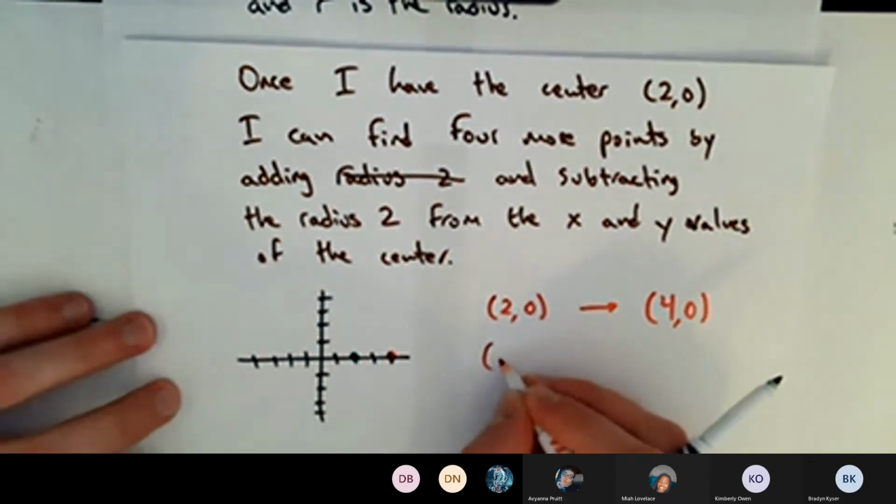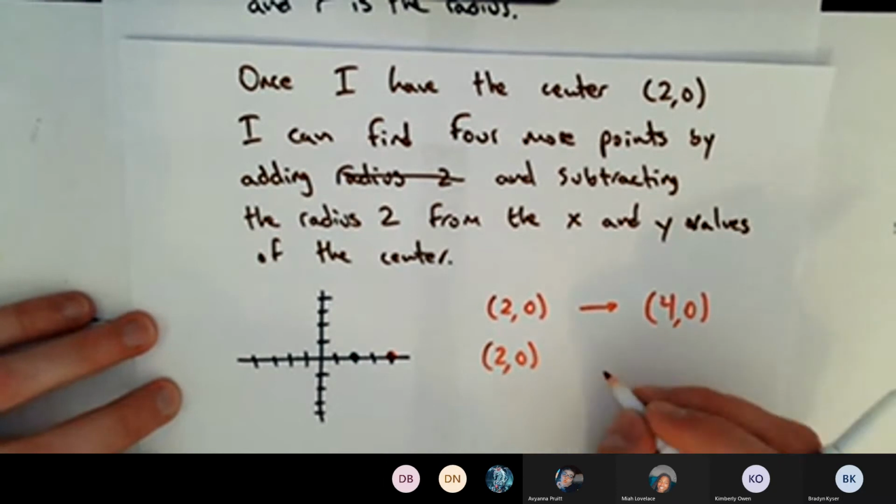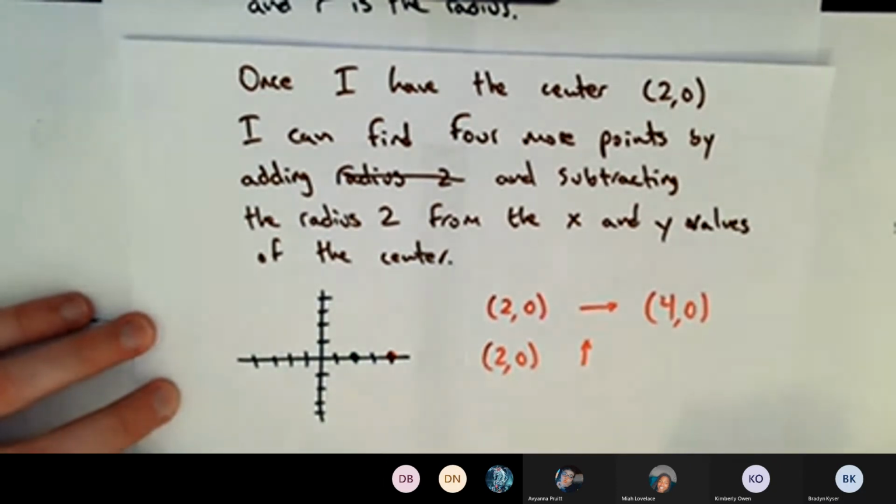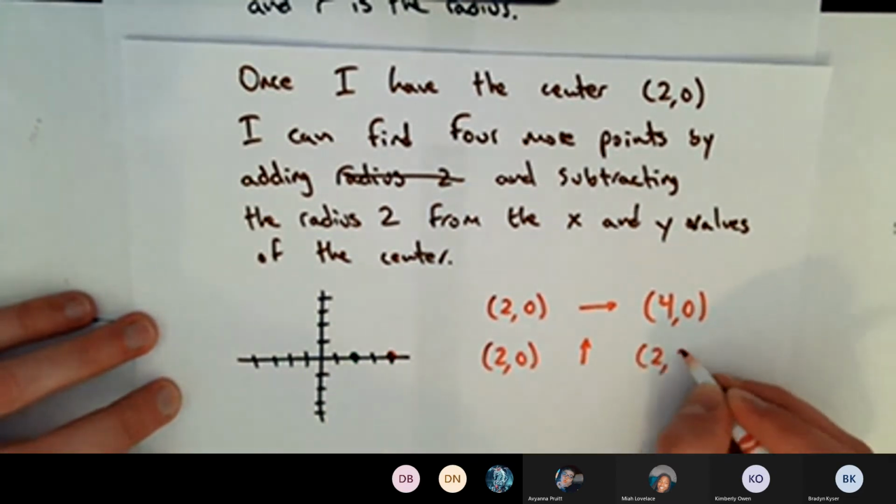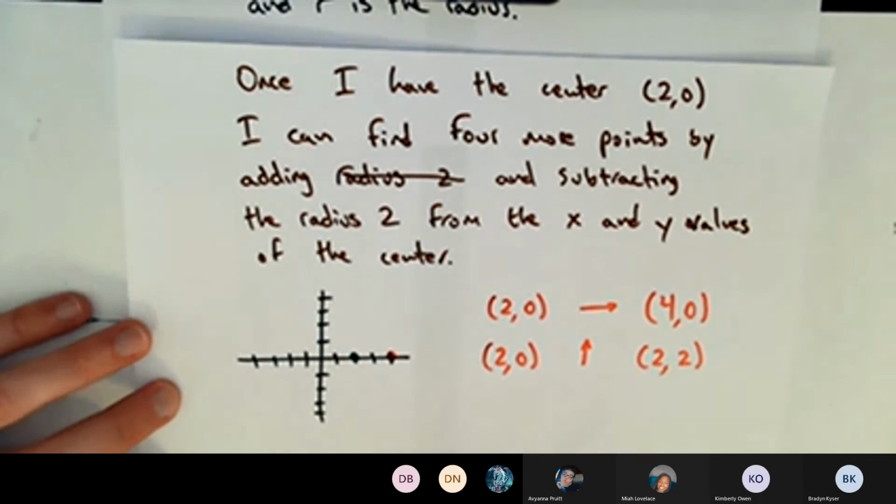Now, what if I take my center and I go up? If I go up, that means I'm going to add the radius 2 to the y value. So I'm keeping the x value fixed and adding 2 to the y value.